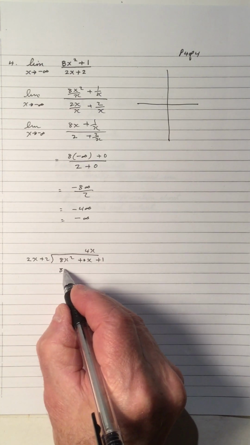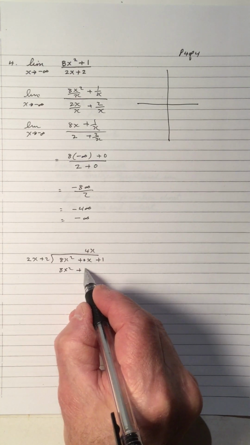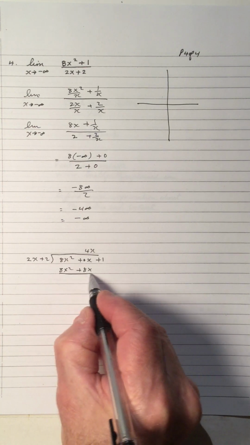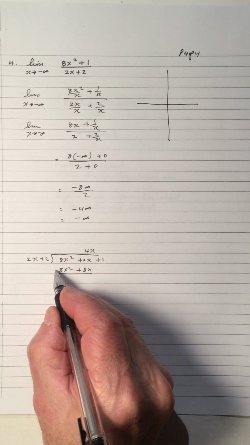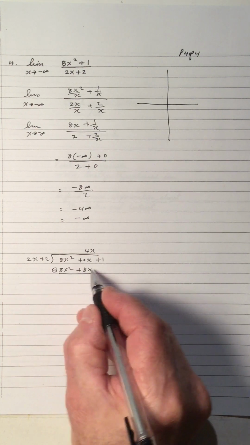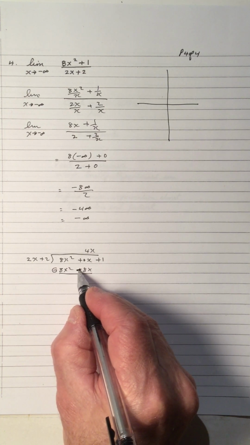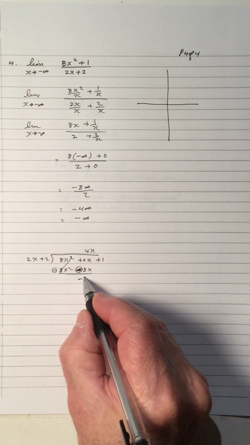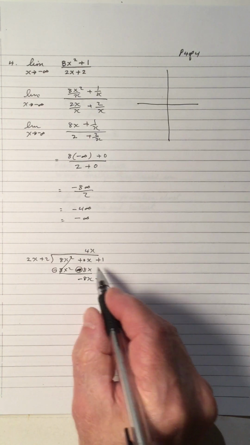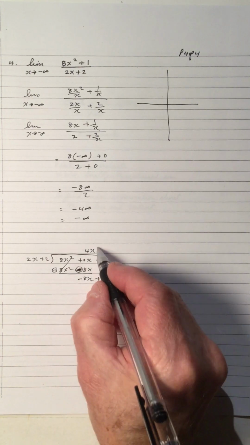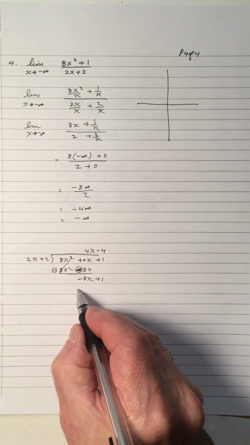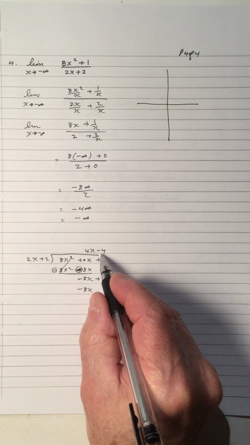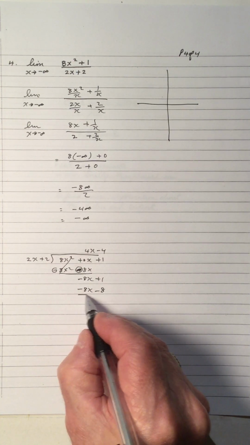Multiply back, we get 8x squared plus 8x. And we're subtracting, so we make the plus a minus. So it cancels out. That gives us negative 8x plus 1. 2x into negative 8x is negative 4. Multiply back, negative 8x minus 8.